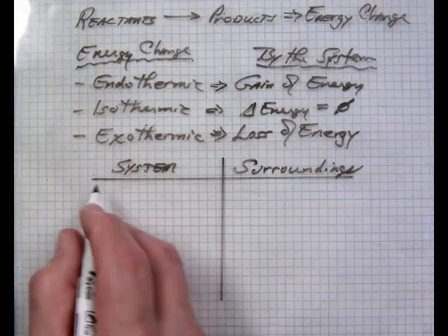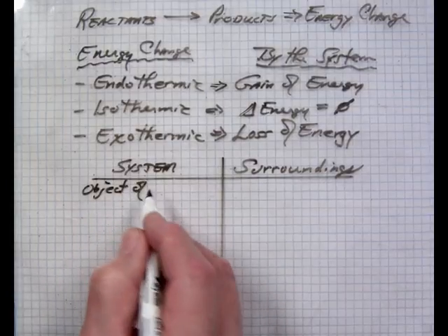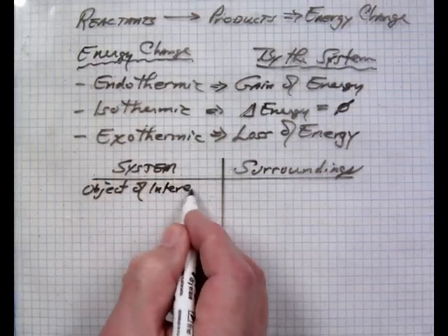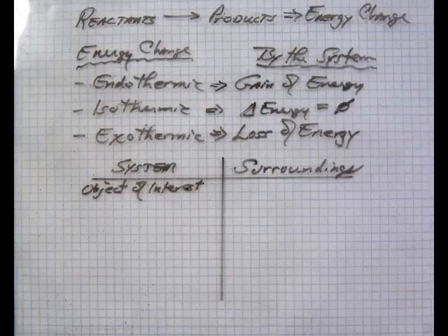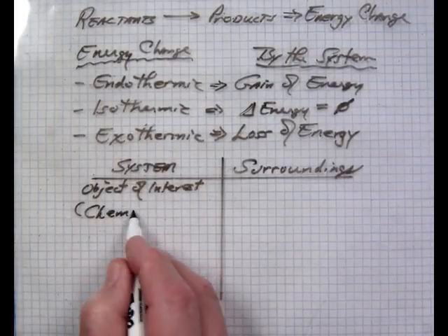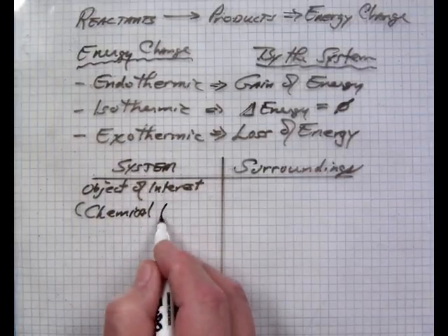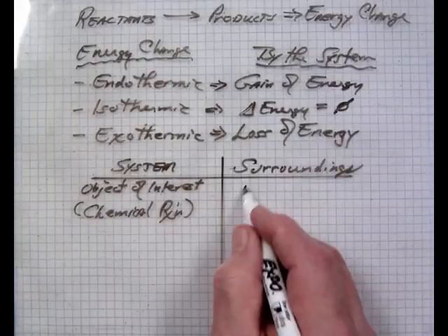The system is the object of interest, or in chemistry class, the chemical reaction. The surroundings is simply everything else.